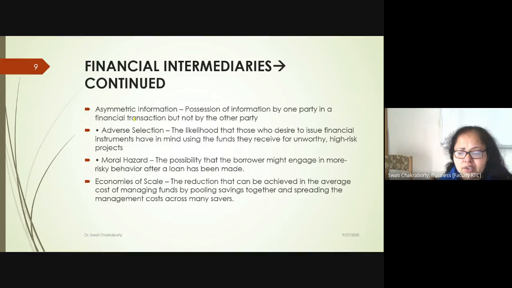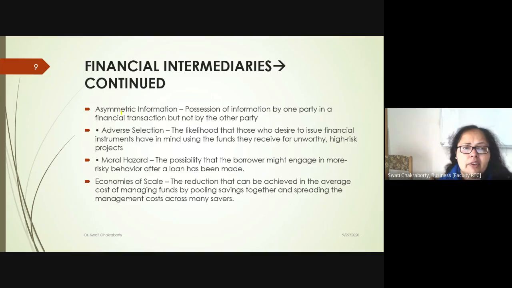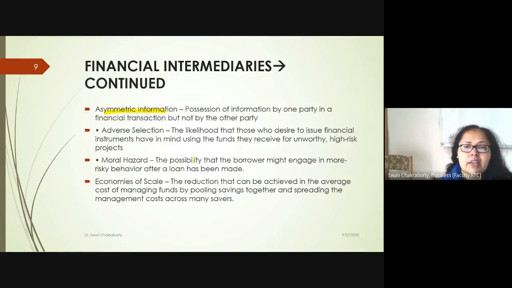Let's talk about adverse selection and moral hazard. What exactly are these? We also spoke about something called asymmetric information, and we will discuss all three. Asymmetric information is possession of information by one party in a financial transaction but not by the other party.